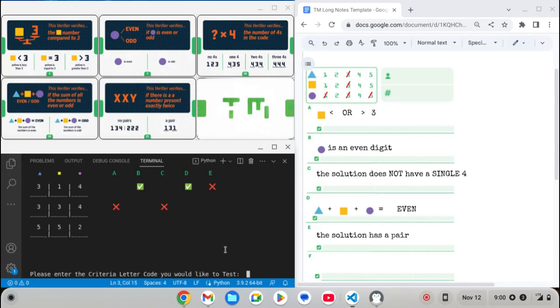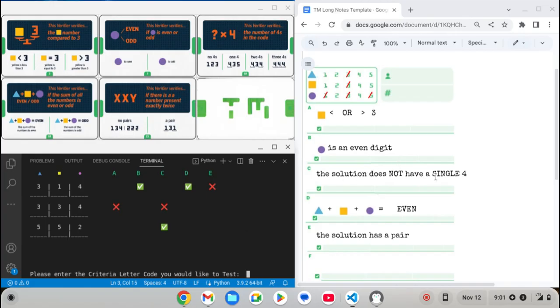And so let's again test criteria card C to see if there are no 4s. Okay, there we go. So let me update my notes for C to say that the Turing Machine agrees with the absence of 4.